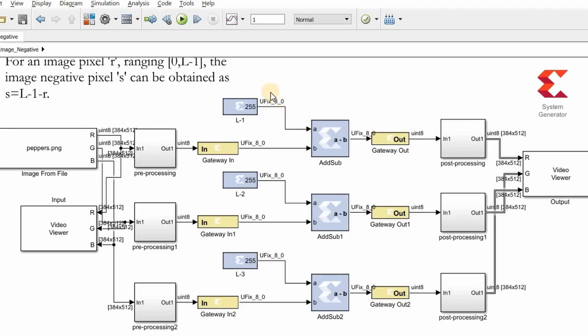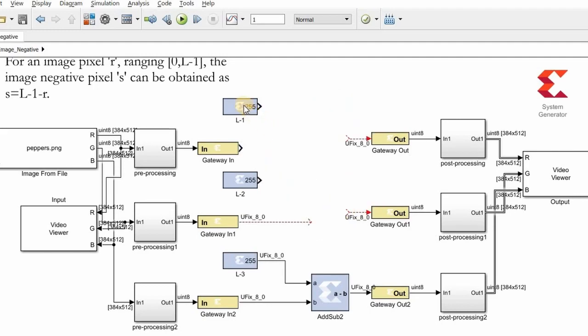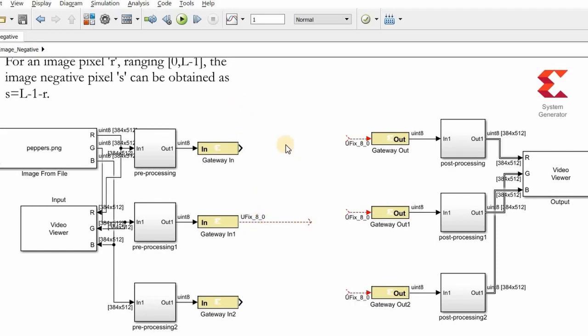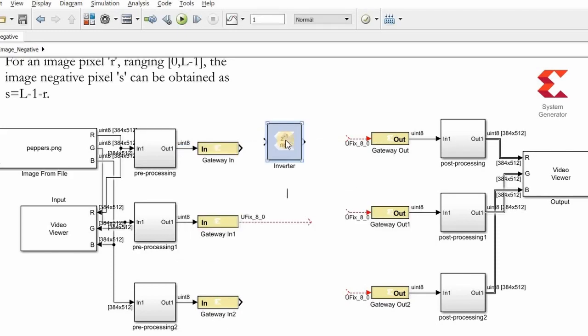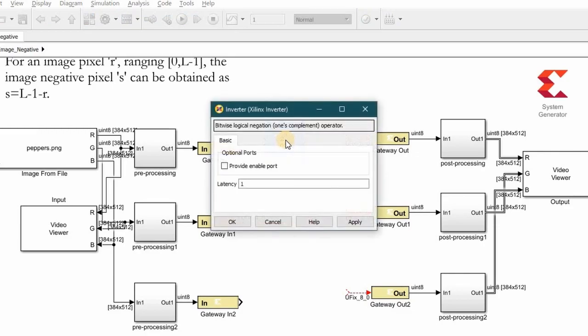So let me try for that. I will delete all these blocks. So I will keep an inverter. Again, for simplicity I am considering the latency to be 0.